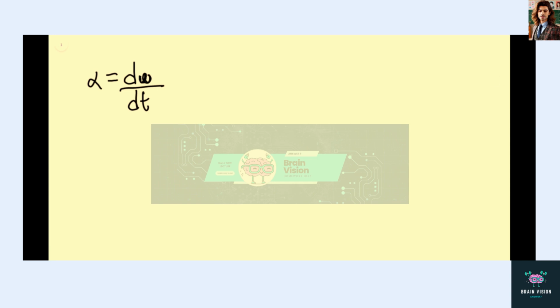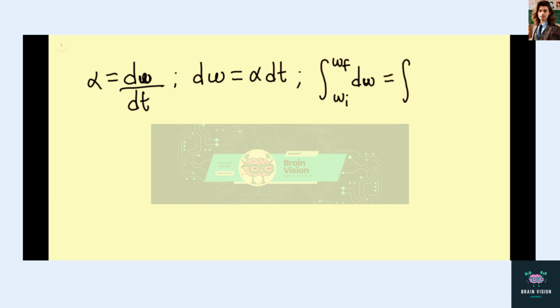So if we start off by this, we can say that d omega would be equal to alpha dt. At this point, we can integrate, and we can say that the integral from omega initial to omega final of d omega would be equal to the integral from 0 to t, assuming that t is starting at 0 seconds, of alpha dt.